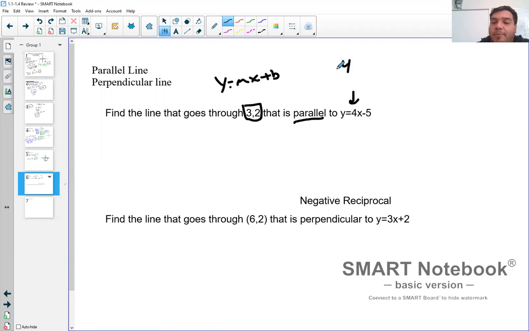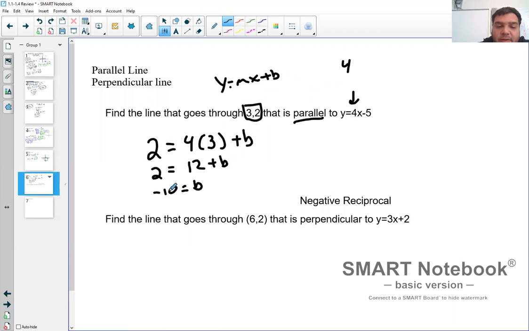You take the slope from the one equation and put it with this point to make a new equation. So 2 equals 4 times 3 plus b. 2 equals 12 plus b. -10 equals b. So then we're going to make an equation: y equals 4x minus 10. So my new equation is y equals 4x minus 10.